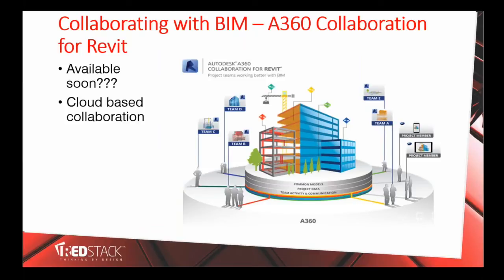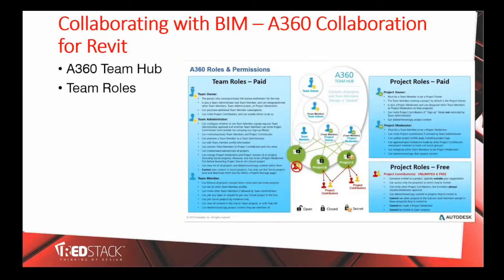Autodesk 360 Collaboration for Revit works in tandem with the A360 Team Project Collaboration Platform. This team collaboration is typically a subscription-based service, and generally you access your A360 Team Hub after you've paid for your subscription to A360 Collaboration for Revit.